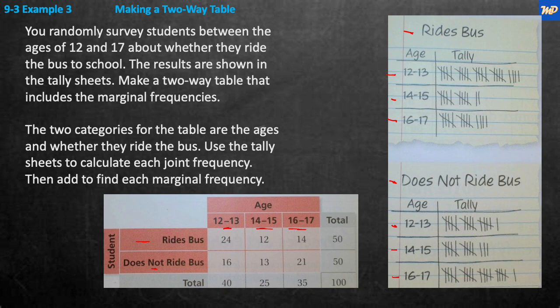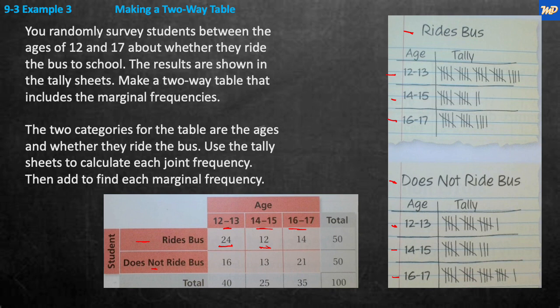So let's do it. For the students that rode the bus between ages 12 and 13, there were 1, 2, 3, 4, 24. And look at that right here. There's 24 12 to 13-year-olds that ride the bus. And then 14 to 15-year-olds, we have 12. And for the 16 to 17-year-olds, we have 14.